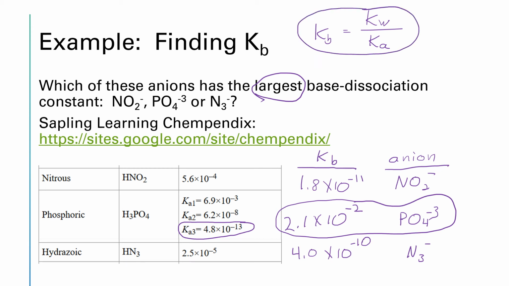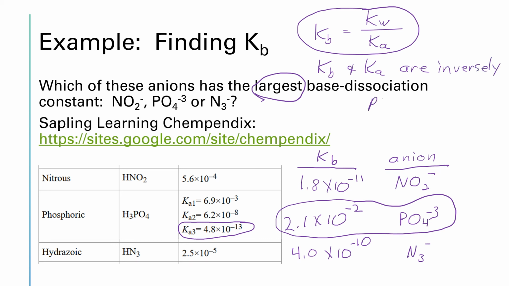If Kb is big, Ka has to be small. If Kb is small, Ka has to be big. So Kb and Ka are inversely proportional to each other.